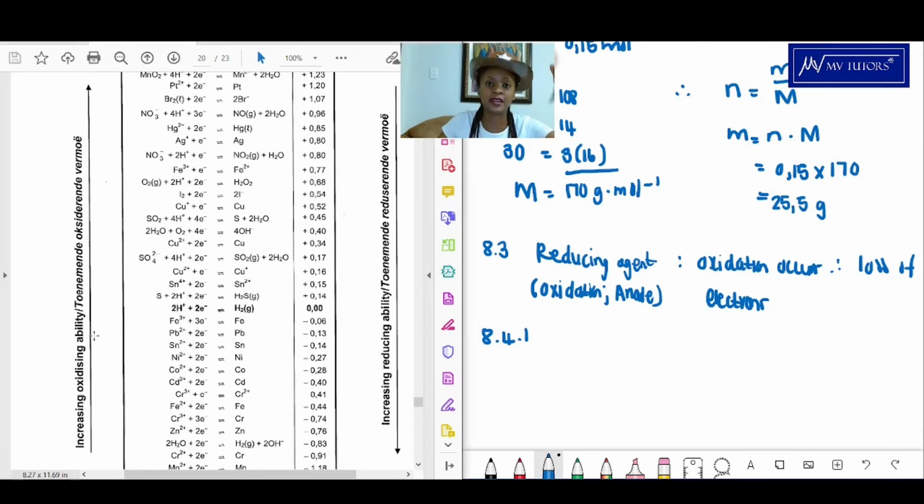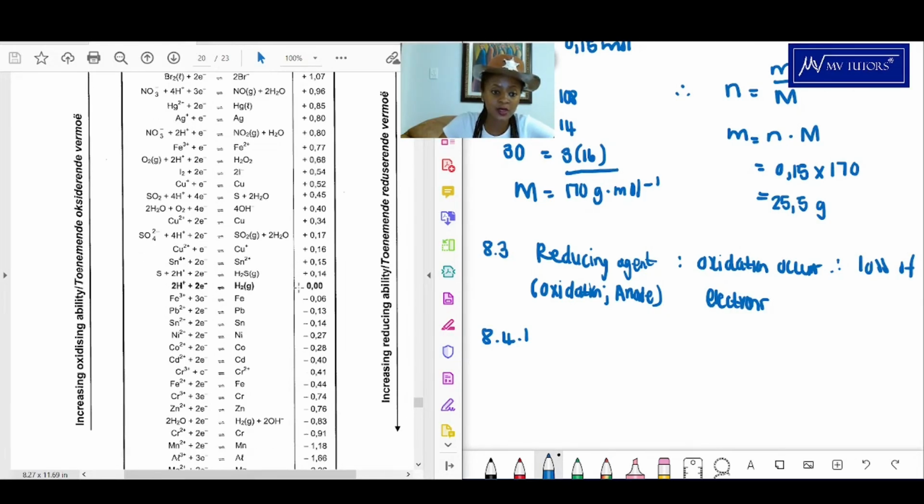On the right-hand side you have increasing reducing ability, which is like saying reducing agent. As you go down, the reducing agents get stronger. So we're going to see which one is actually the reducing agent. We know copper 2 plus is here, plus 0.34, and now we need to look for silver.